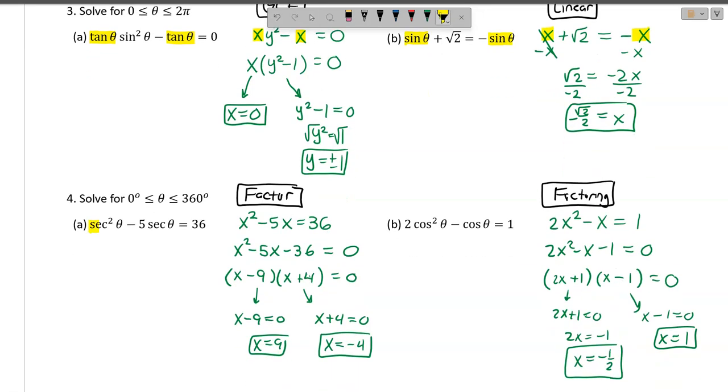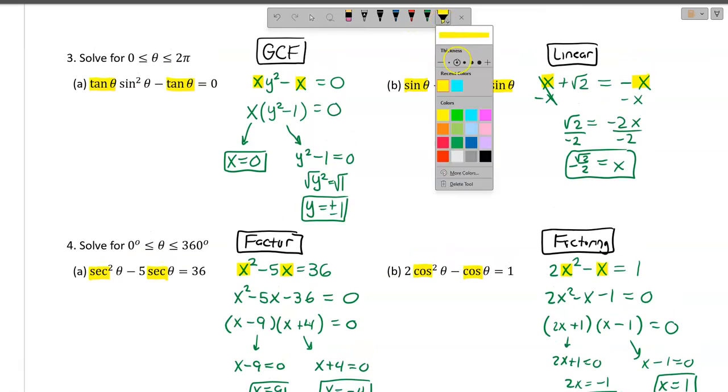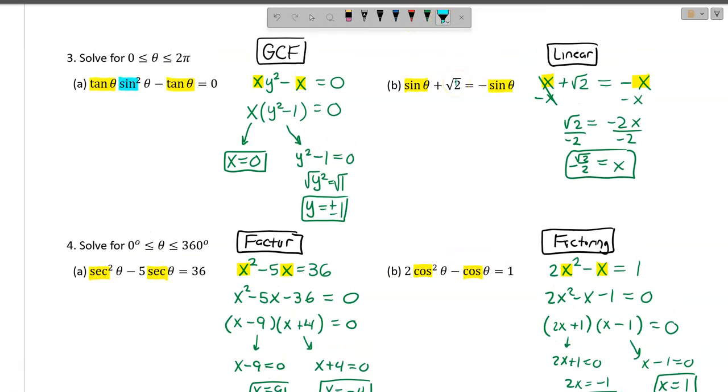Down here, when I wrote secants, I wrote x's. And lastly, when I wrote cosines, I also wrote x's. And back on this original one, there was a second variable because we had sine here. That was my y. So notice that the equations on the left that we haven't done are trig equations. The ones on the right next to them are the Algebra 2 equivalent equations. The way you would solve these problems is exactly the same.